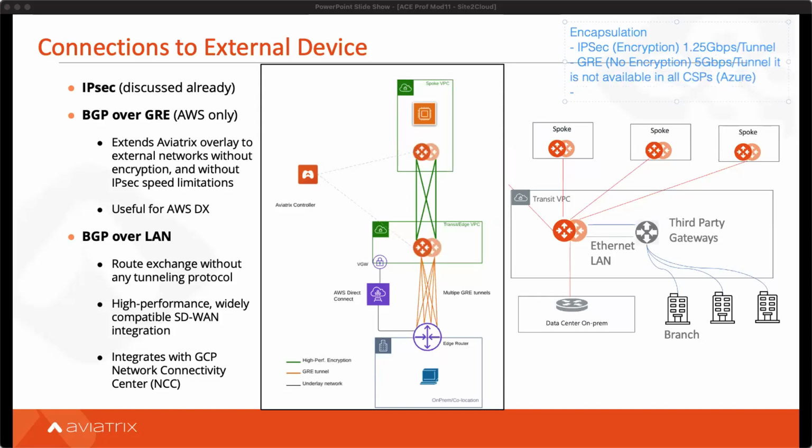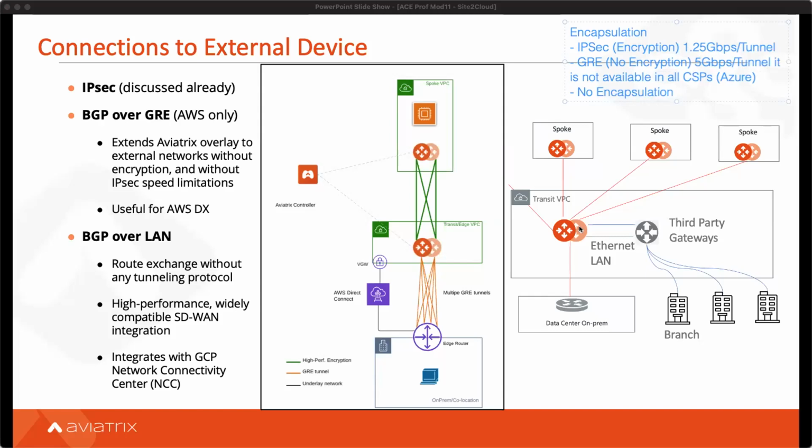Now, the third possibility is not to do encapsulation. Meaning, if I have an SD-WAN headend that is already in the same VPC as the transit, I can put it even in the same subnet, and they could be connected back to back.